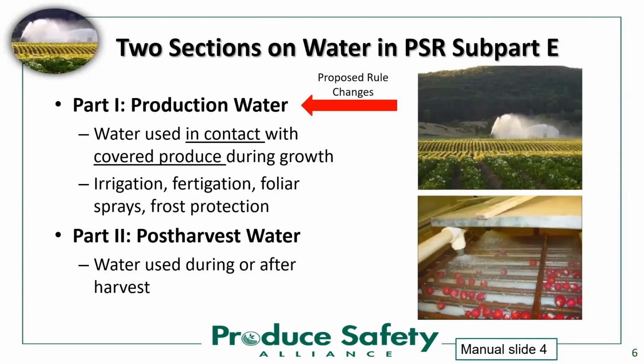Right now, there is a proposed change to the produce safety rules, subpart E, that pertains to the requirements for production water. So the rule as it currently stands has defined microbial water quality standards for production water, and also a specified number of annual tests of that production water that a grower has to do to be in compliance with the rule.